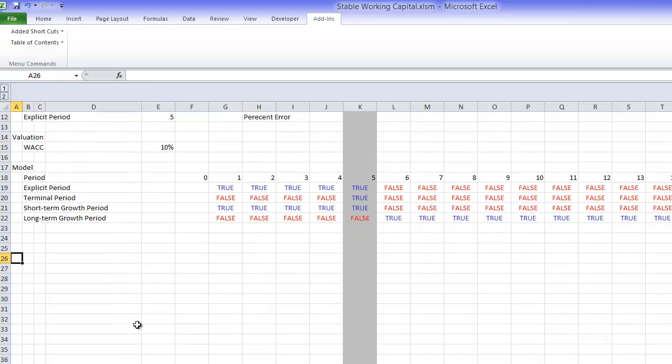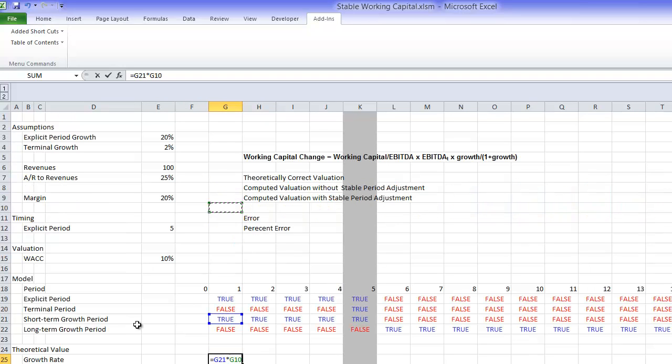Now let's put our, okay, and to get our field, let's put a growth rate in here. And the growth rate is simply going to be short-term period times the short-term growth plus the long-term period times the long-term growth.